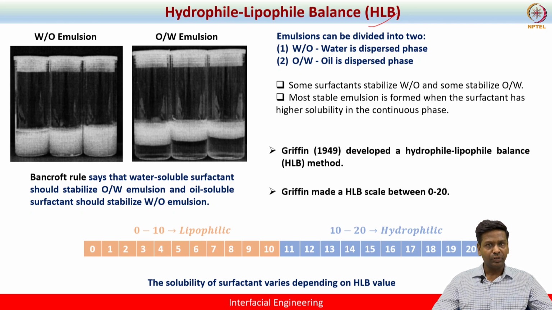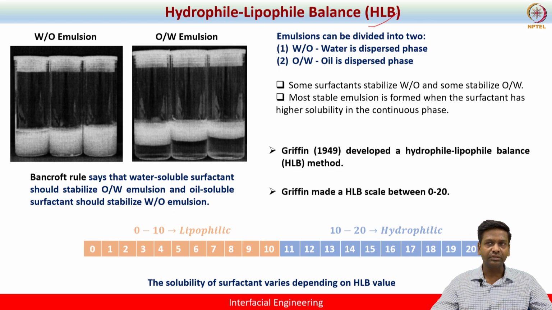As you know, the surfactant is an amphiphile compound, which consists of both hydrophilic and hydrophobic groups. Sometimes the hydrophobic groups may be more dominant than the hydrophilic groups. In such a case, the given surfactant will stabilize a water in oil emulsion.